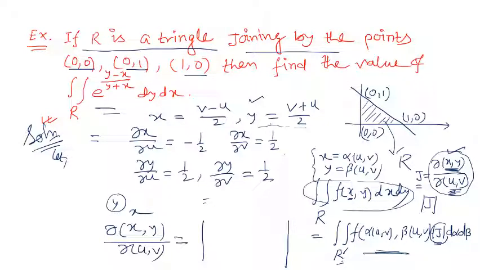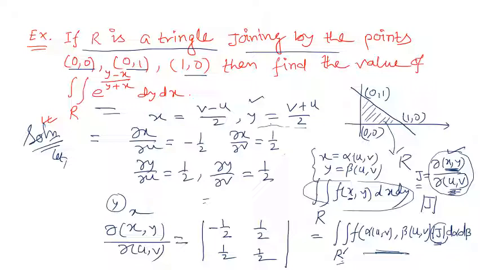Here putting the value of ∂x/∂u, it will be minus half. So the value of ∂x/∂u is minus half, and the next one is ∂x/∂v, which equals half, half, half.